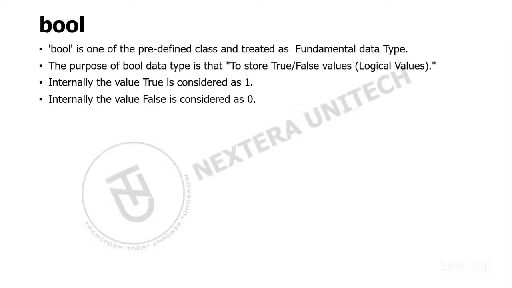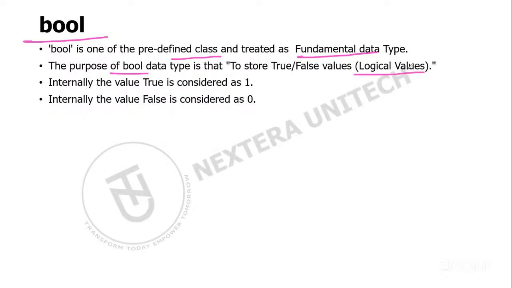Let us go to the next type under fundamental category data types. What do we have next to it? We have bool. What exactly is bool? Bool is a predefined class and it is also treated as a fundamental data type. What is the purpose of bool? Bool helps us to store logical values.